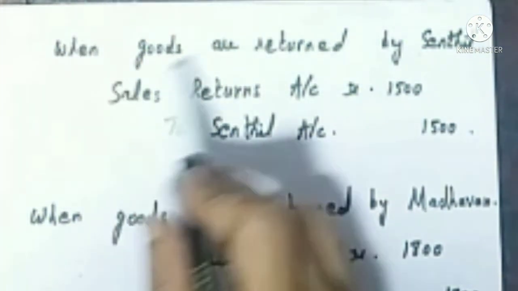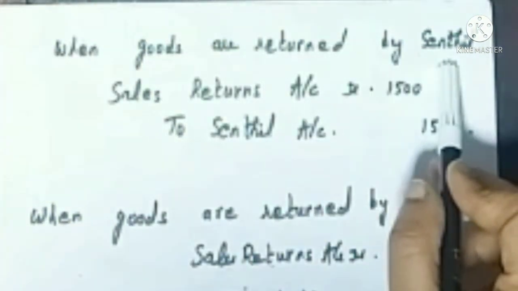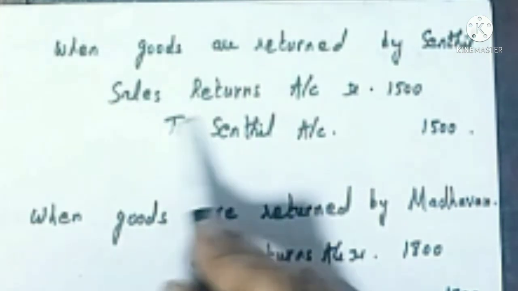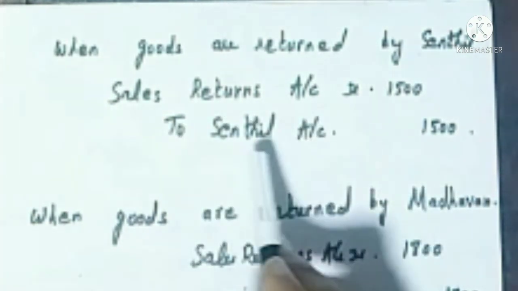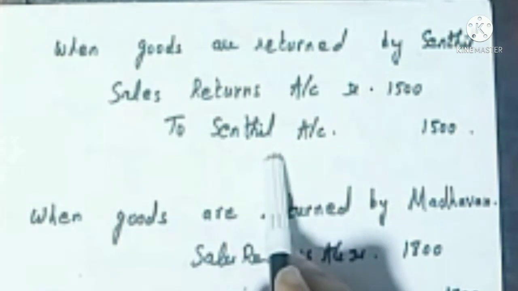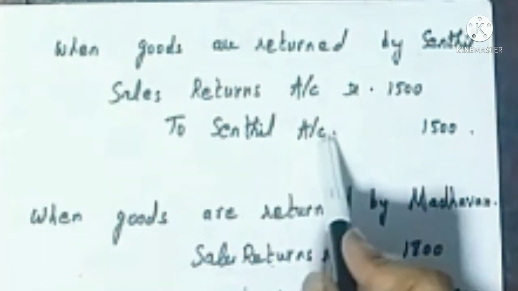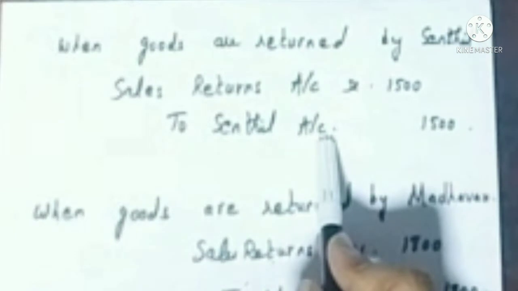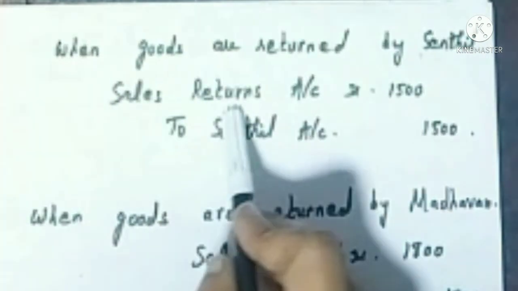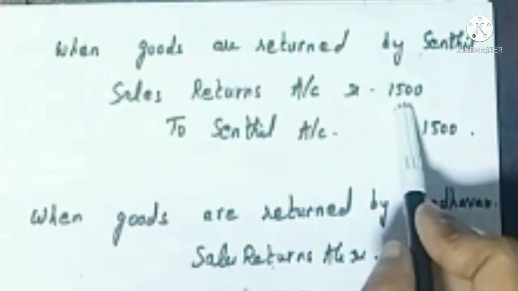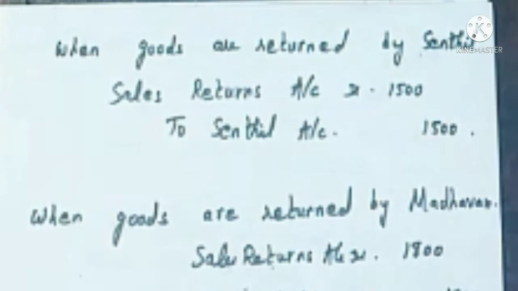Then, when goods are returned by Senthil, the entry is sales returns account debtor to Senthil account. Here, in this transaction, Senthil account is credited. So, we have to write it on the credit side of Senthil ledger account by sales return account rupees 1,500.